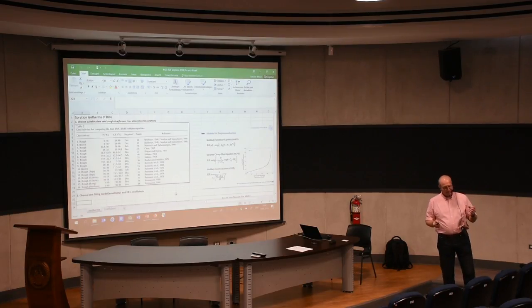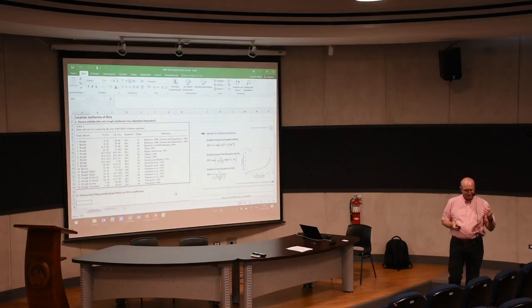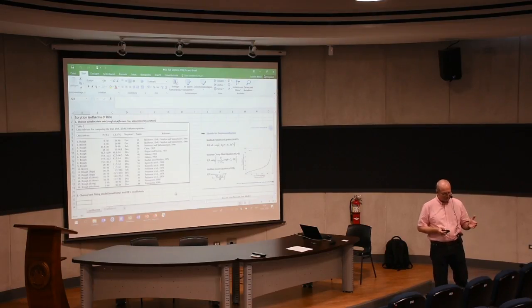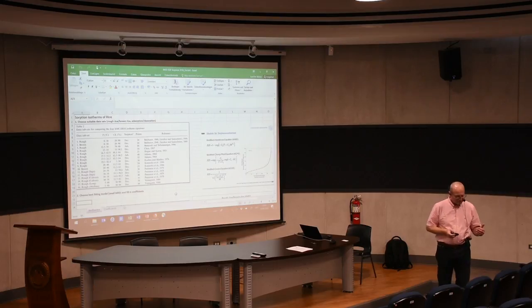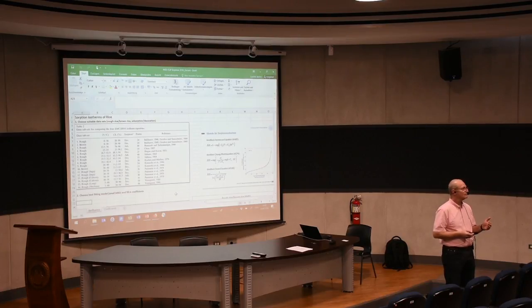And by the way, we can now think about what we would expect, what difference. Which sorption isotherm would be higher, the one for rough rice or the one for brown rice? Which is more hygroscopic, the brown rice or the rough rice? The brown rice is more hygroscopic, why?